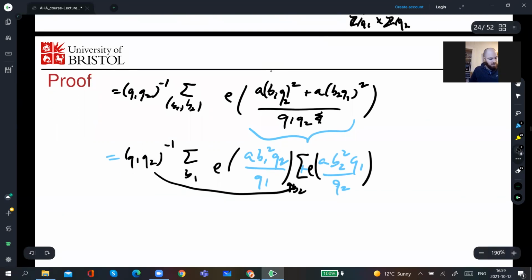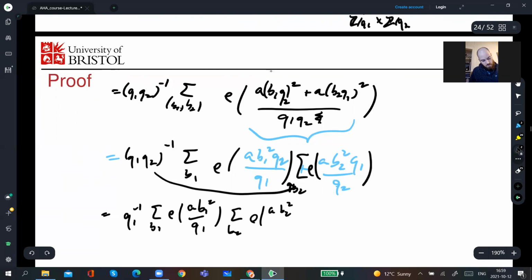So this is actually just equal to, I'm going to divide through by Q2, sorry, not AQ2, and then by Q1.